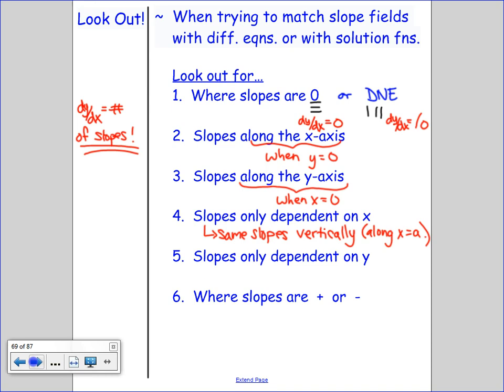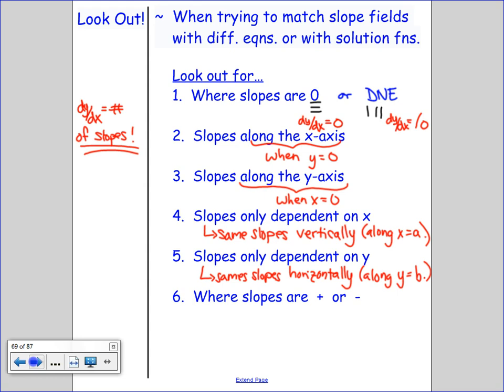And if it's only dependent on y, then I'm going to have same slopes horizontally. If it's only dependent on y, that means it only takes a y value to plug in. Therefore, if I know one set y value, which is along a horizontal line, then any of those points I plug in with the same y will have the same slope.